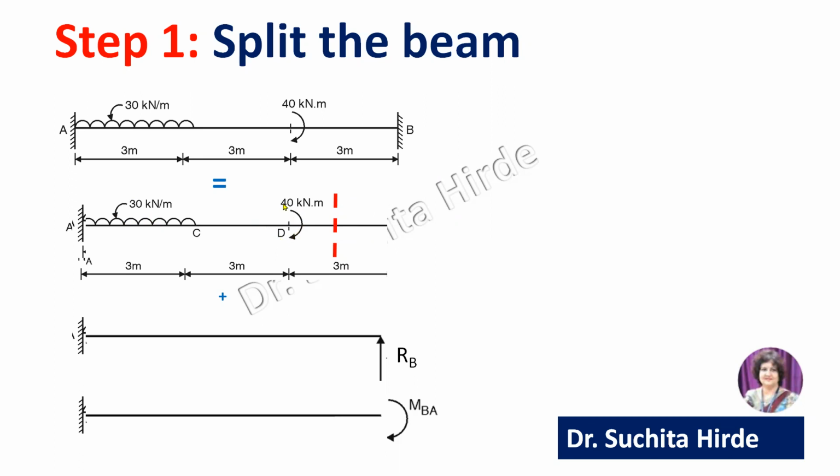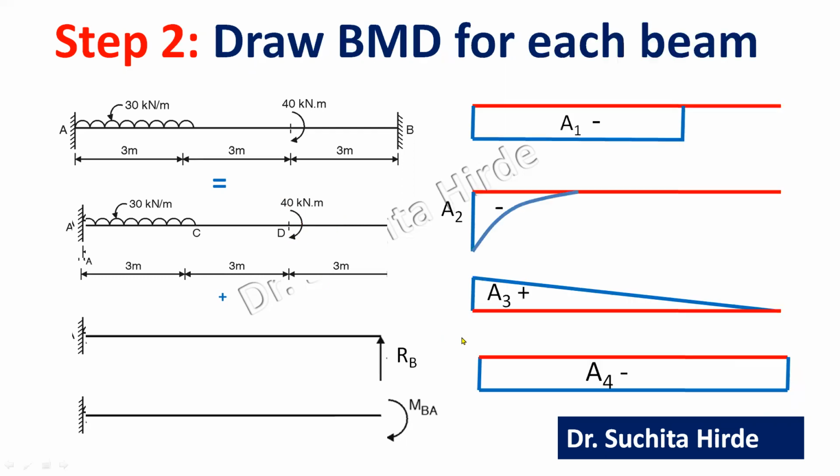Now whether to consider this 40 kilonewton meter positive or negative: if you go to the left side of D and find the effect of 40 kilonewton meter, it is just like a downward force. Therefore you have to consider that diagram as a negative diagram.